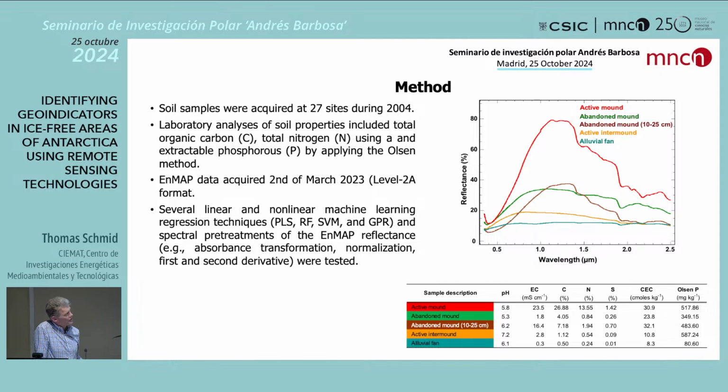I did an average of the soil samples in the active mound, in the abandoned mound, etc. Because penguin colonies are very complex. I'm sure some of you here work with them, and they're complex areas.